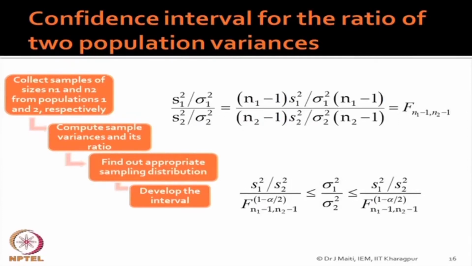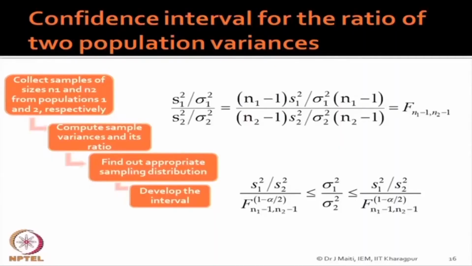So, how do you test that two population variances are equal? Do you know any statistic, any test? There is the F test in ANOVA, that is analysis of variance. In ANOVA, one of the important tests is the F test.